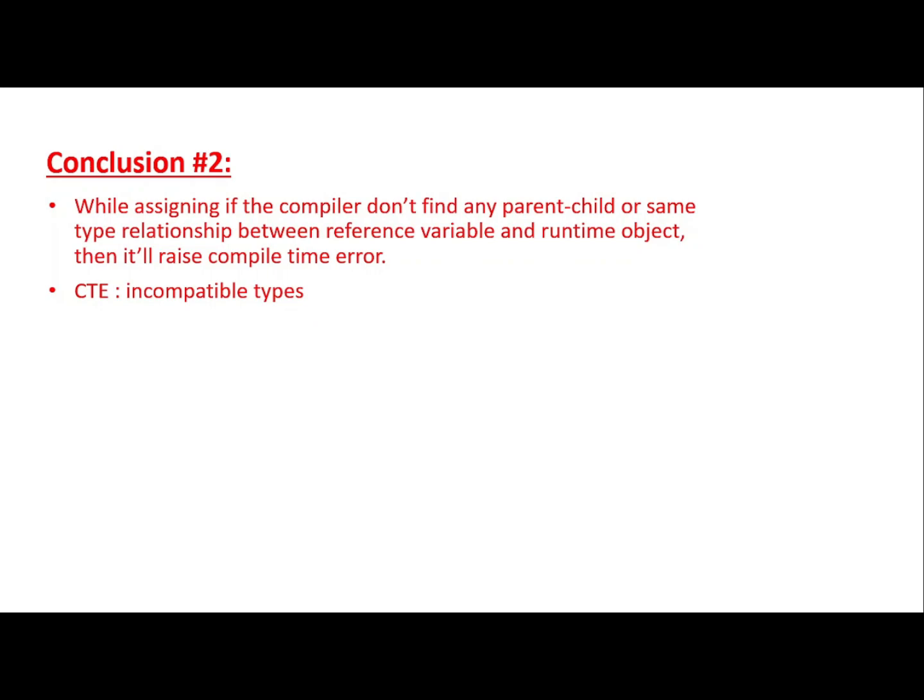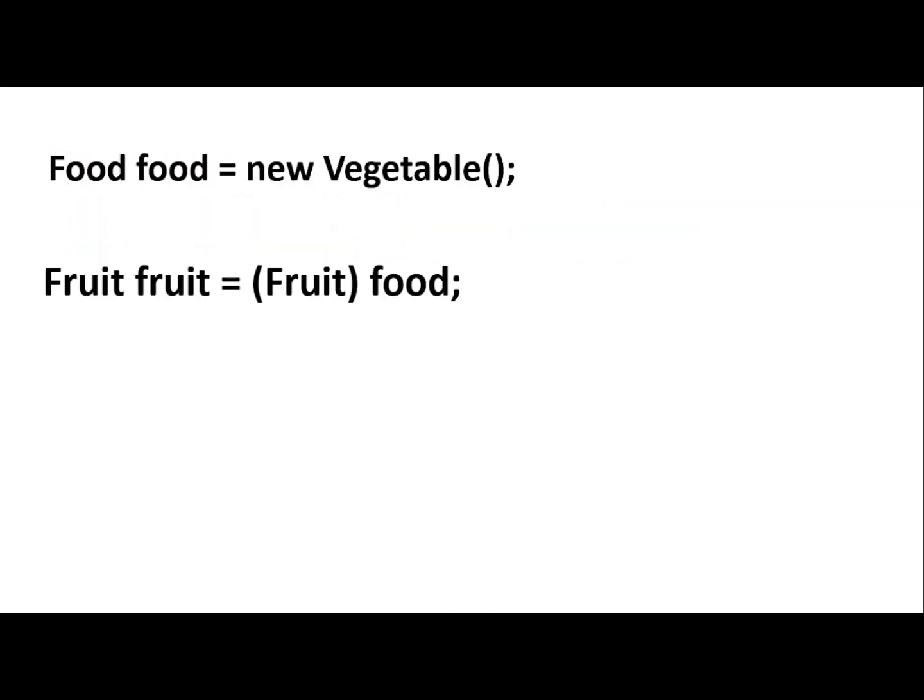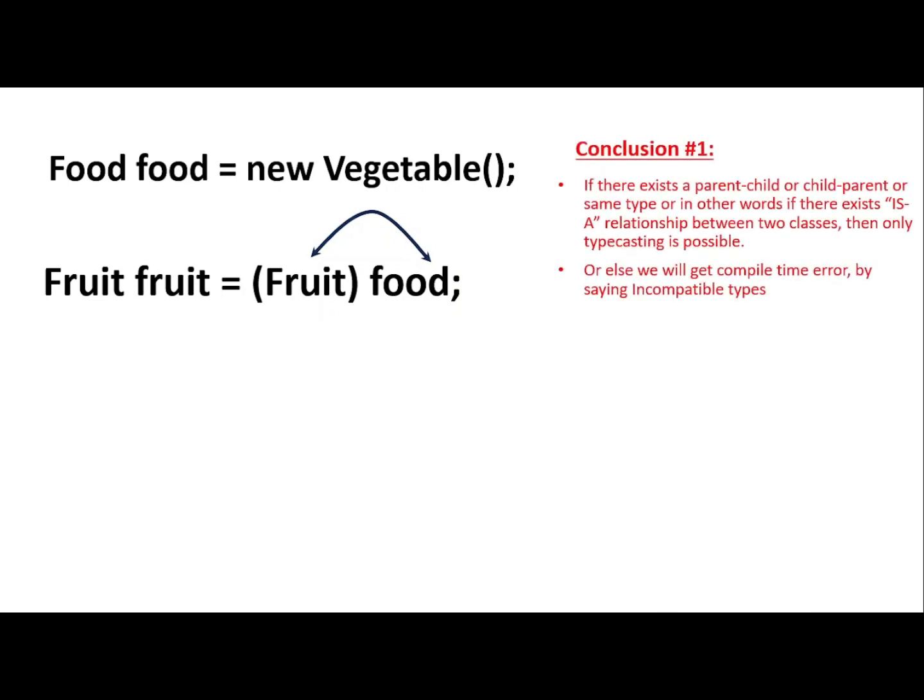So let me summarize these two conclusions quickly. If there exists any parent-child relationship or child-parent relationship between these two, then only the typecasting is possible, or else we will get the compilation error as incompatible types, as we see in conclusion 1. In the second conclusion, the whole right-hand side will be treated as the fruit object.